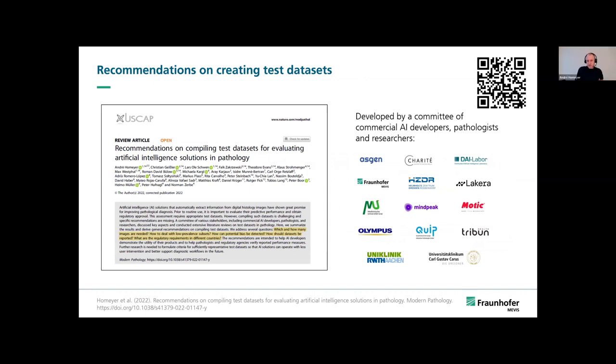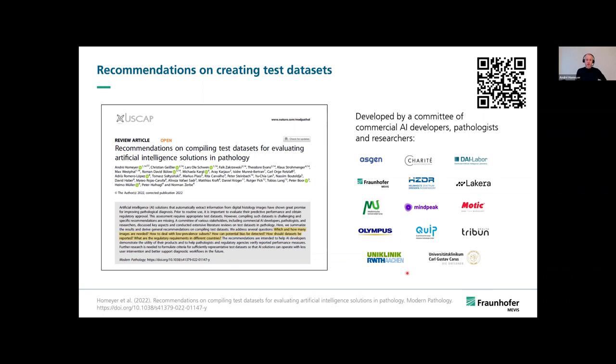So there's a huge lack of literature. There are so many open questions about compiling test data sets for AI solutions in pathology. And therefore, the Empire project organized a committee to develop recommendations for the creation of test data sets. This committee consisted of various stakeholders, including commercial AI developers, pathologists, and also researchers.